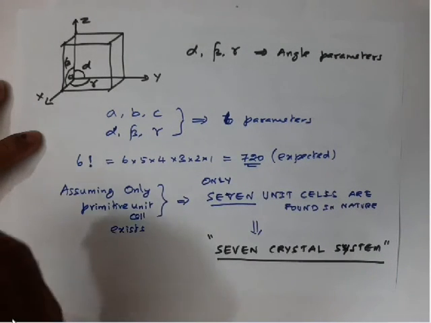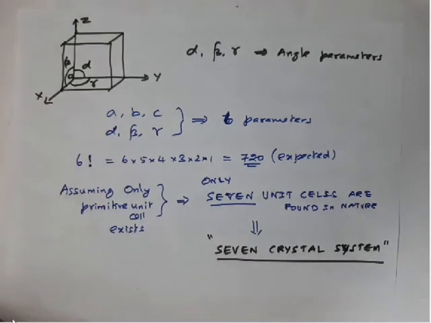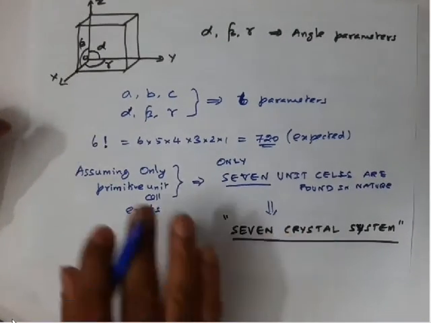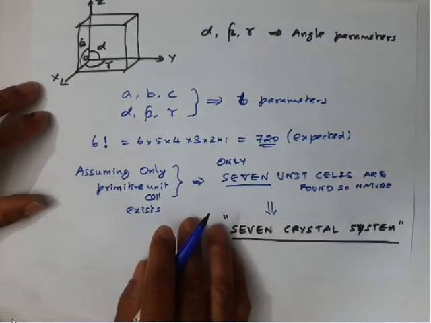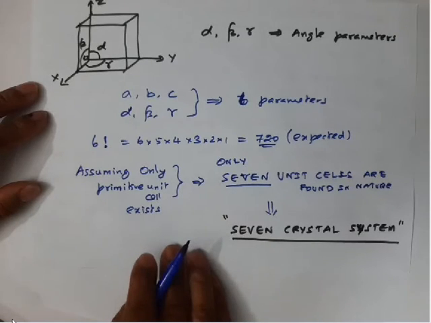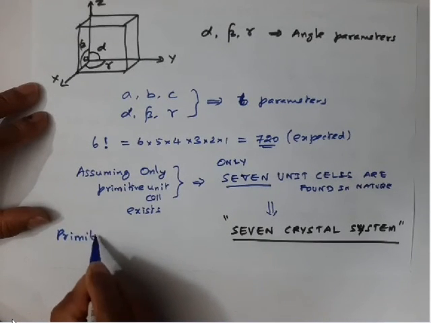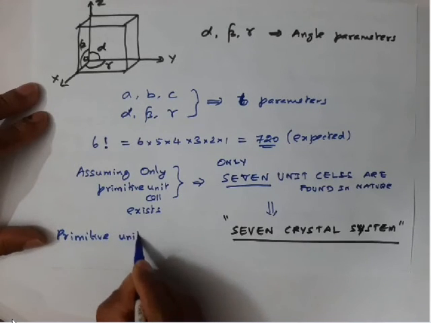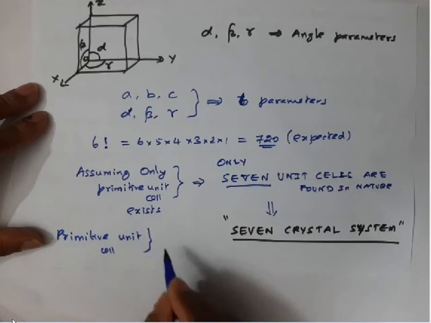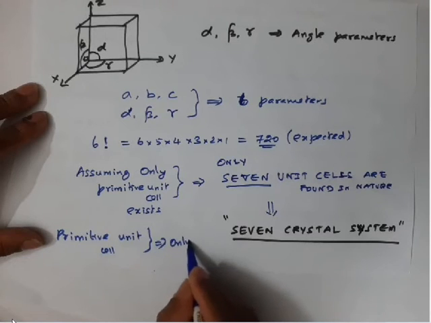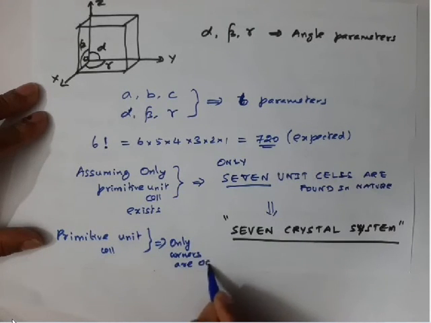Last class I told you primitive unit cell means if only corners of a unit cell are occupied, we call that unit cell a primitive unit cell. What is meant by that? Primitive means only corners are occupied.